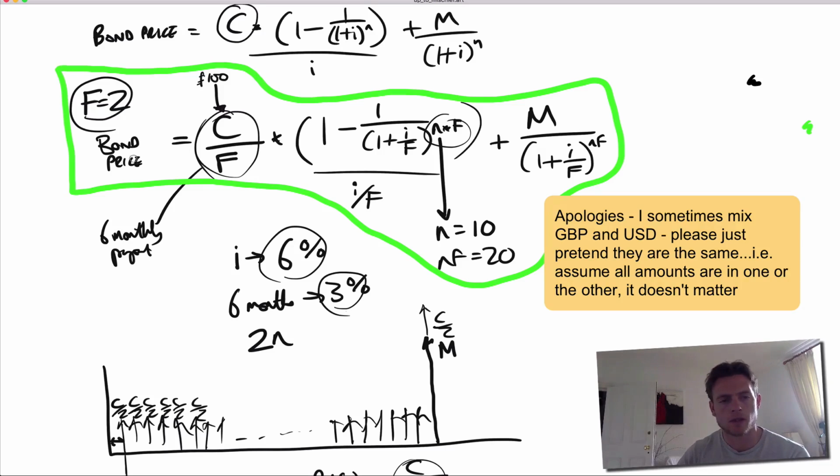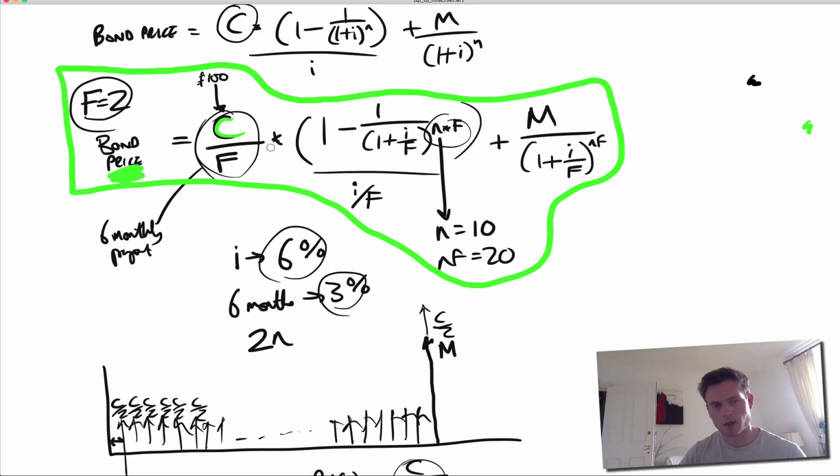Okay, so to recap, the formula to calculate the fair price for the bond is given by the annual coupon payment, C, the actual amount of money that the bond is paying out per year, divided by F, the number of actual payments during the year. So if it's semi-annual and the annual coupon is 1,000, then C over F would be 500. So 500 pays out every 6 months.